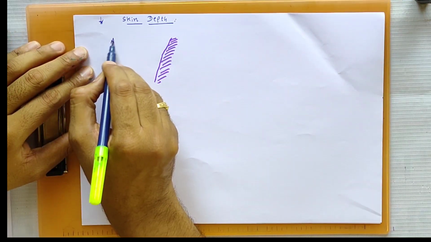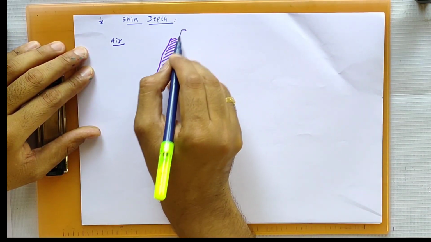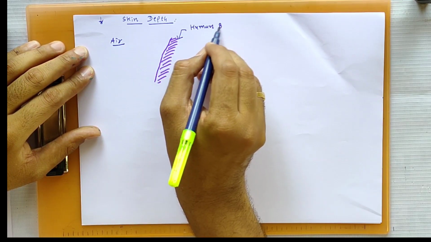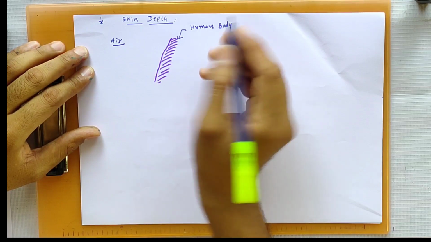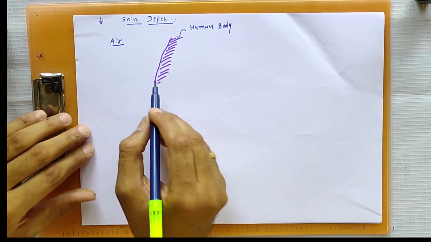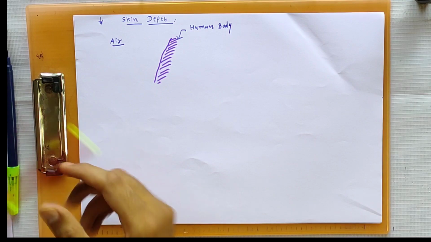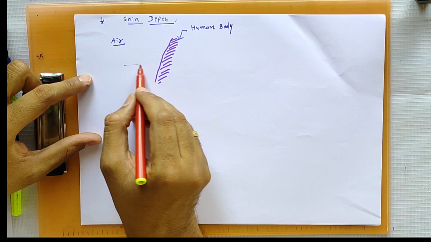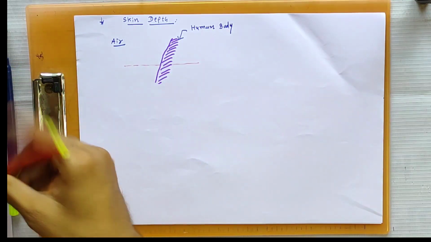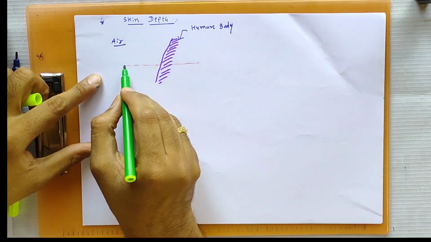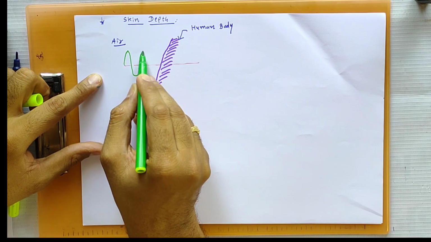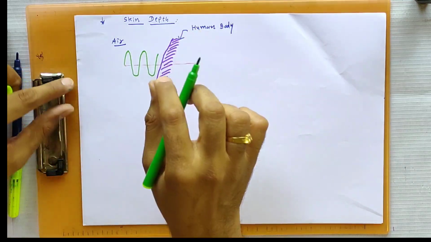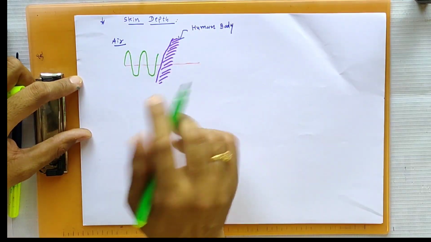For example, consider it's an air medium and it's a human body, because the human body is a good conductor. Now the electromagnetic wave propagates, it's traveling here. Suppose the electromagnetic wave is traveling through the air. I consider only one wave. You can consider electric wave or magnetic wave. Here I consider only the electric wave.